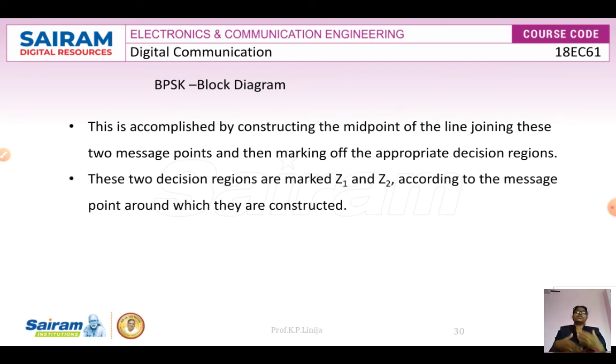These two decision regions are marked as Z1 and Z2 according to the message point around which they are constructed.